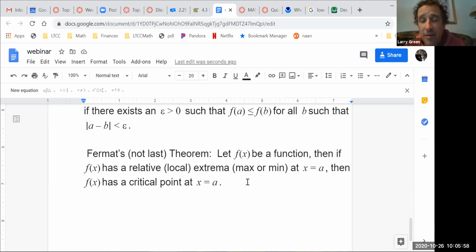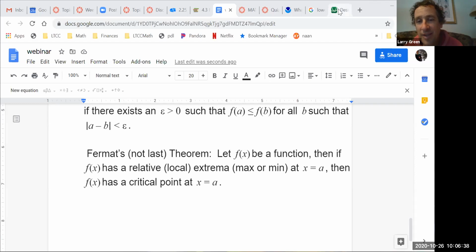Okay, now based on this theorem, does that mean that if it has a critical point at, say, x equals 10, then f of 10 is either a local max or a local min? Can you say that? What do you think? Any ideas? Or let's go x equals 1 just to make it even easier to type. I don't see y'all jumping in.